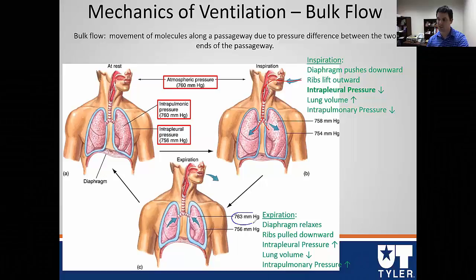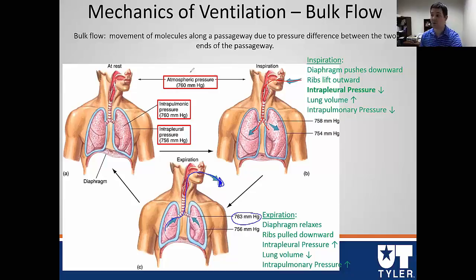So now our intrapulmonary pressure is 763, which is higher than our atmospheric pressure. Therefore, air will leave the lungs and be expelled through expiration.